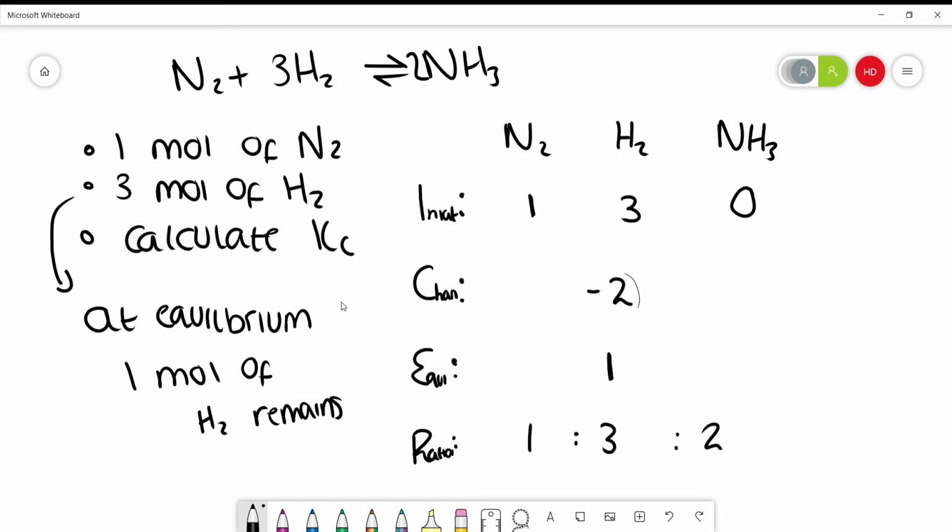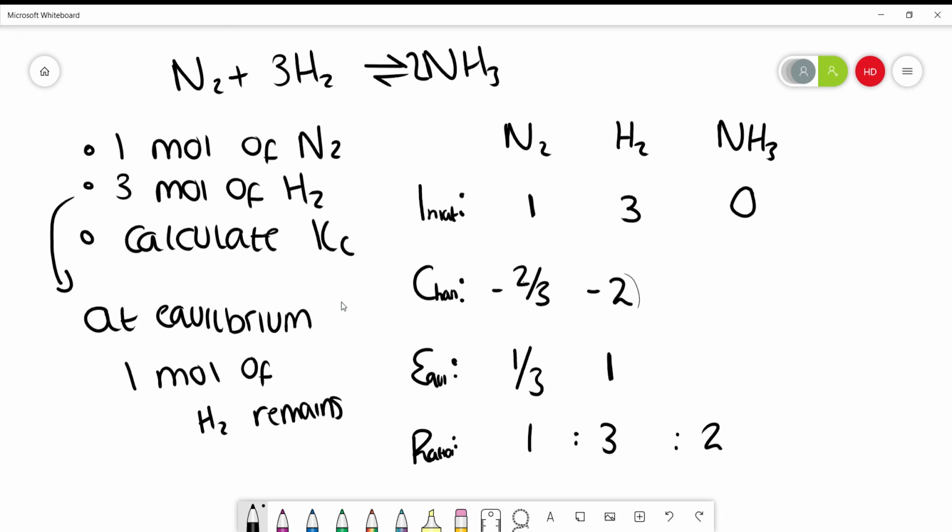Alright, so what you can then do is work out the change in this. If 2 moles are taken from the 3 here, how many moles will be taken from the nitrogen? Remember to take into account your ratio. Here it is a 3:1 ratio, so it's -2/3 moles because you've divided the change by the ratio, and that gives you 1/3 at equilibrium.